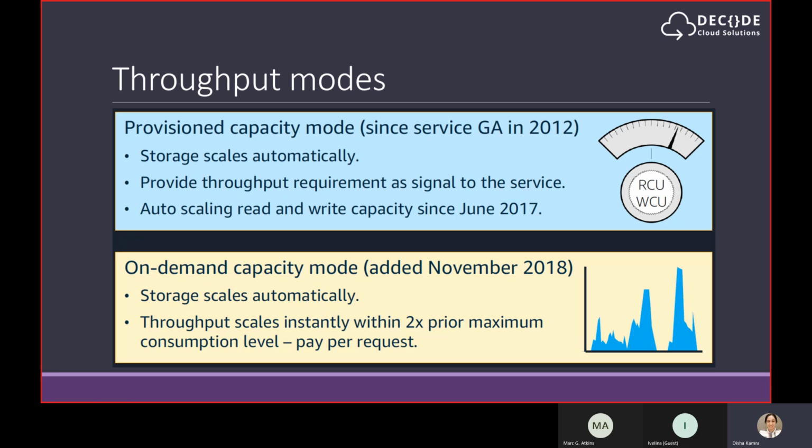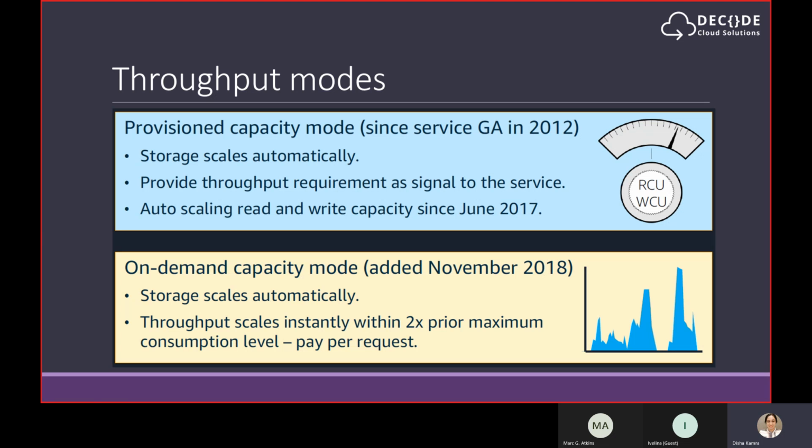So in 2011, when the service went GA, AWS had an initial capacity mode called provisioned capacity mode. In this mode, storage scales automatically. You only pay for the storage that you are using at the time in gigabytes at an hour granularity.